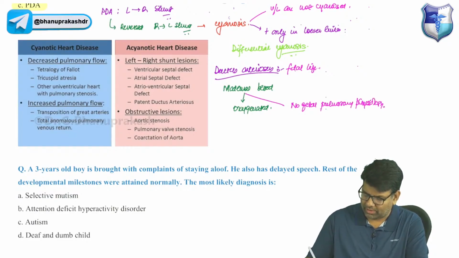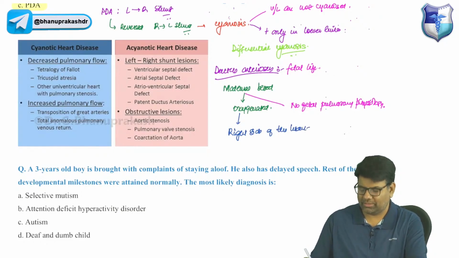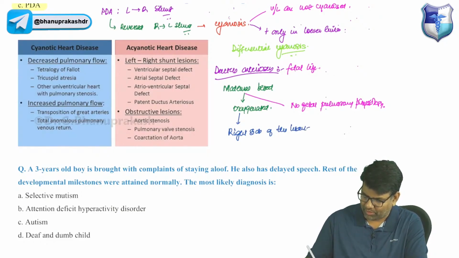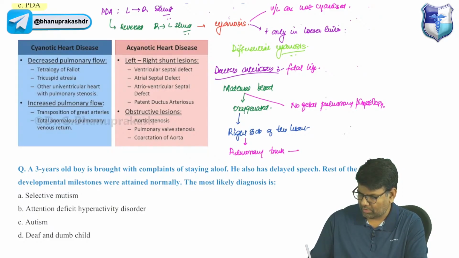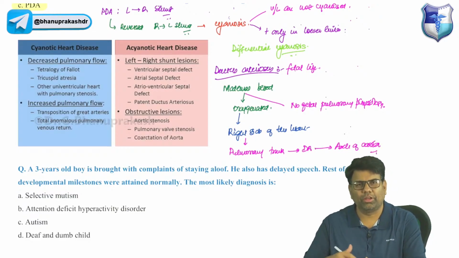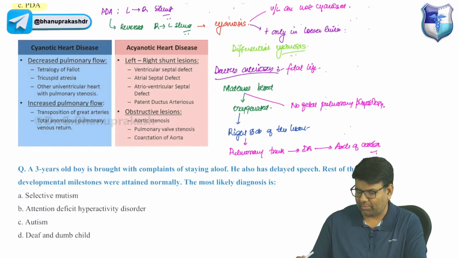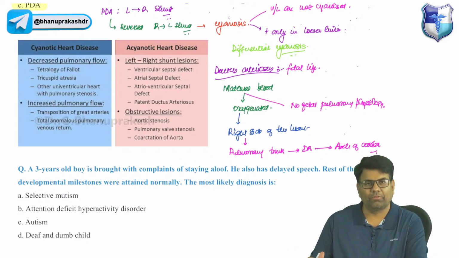So whatever blood is reaching the right side of the heart, it bypasses through the PDA, like through the pulmonary trunk, ductus arteriosus to the arch of aorta. So rather than going into the pulmonary circulation, it is directly bypassing into the arch of aorta because it is already oxygenated. So this is in the fetal life.